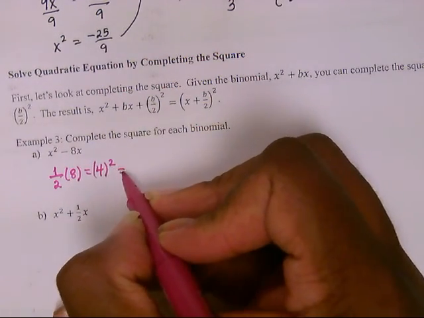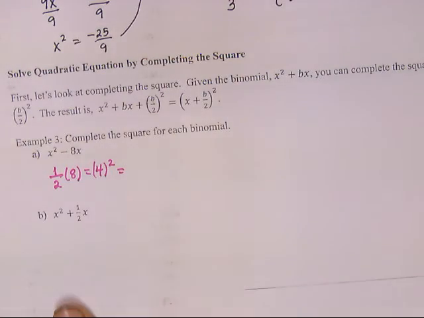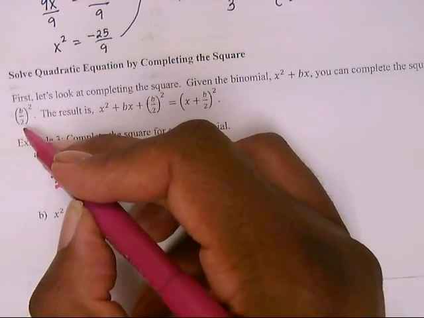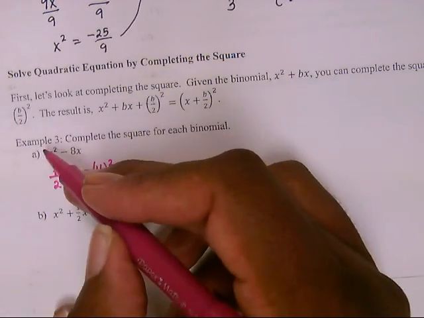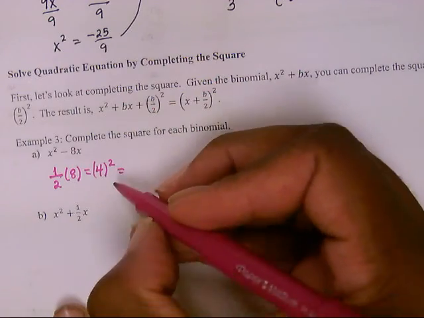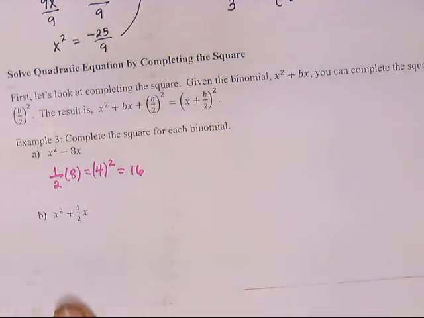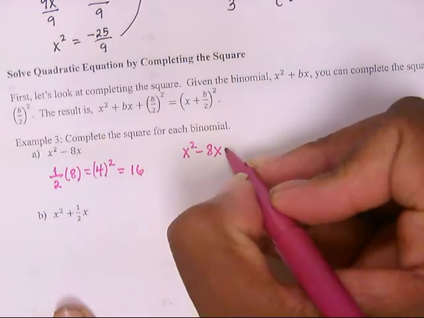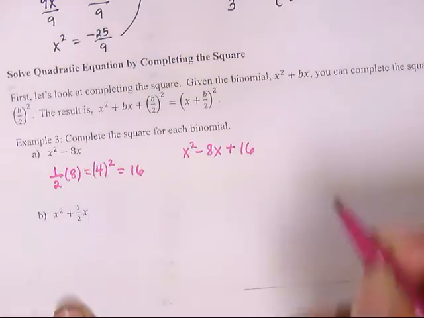And then we're going to square that 4. 1/2 the coefficient of x, and we square it. 8 over 2 will give us the 4, and then you square it, you'll get 16. So for this x squared minus 8x, we're going to add to it 16.